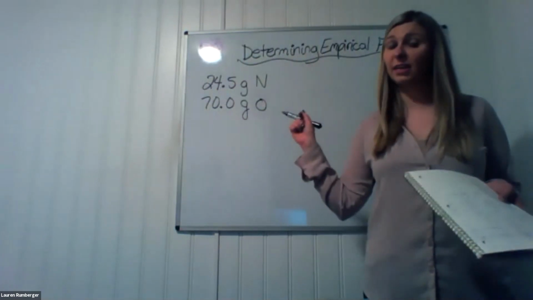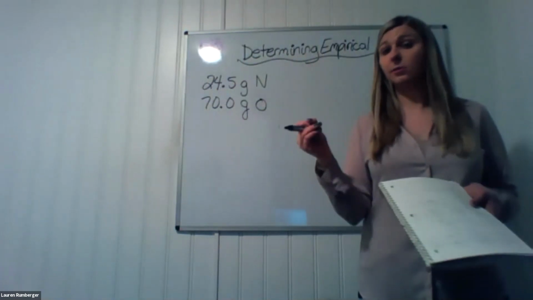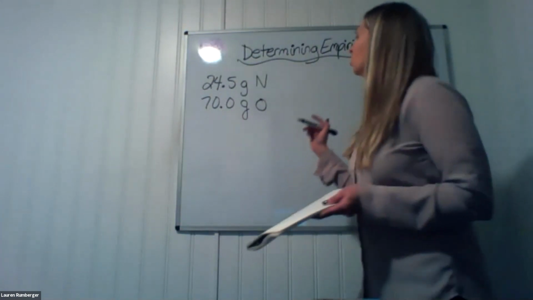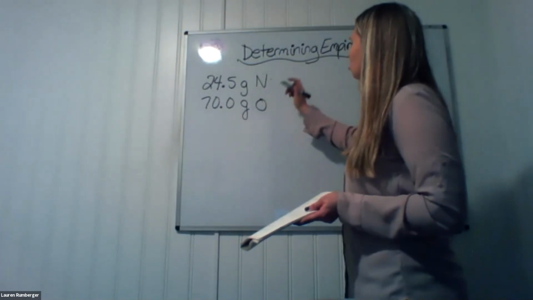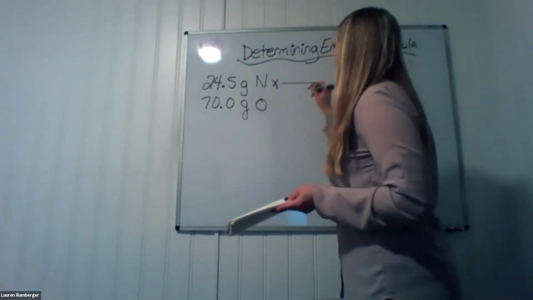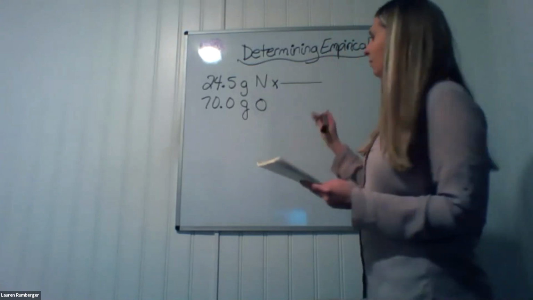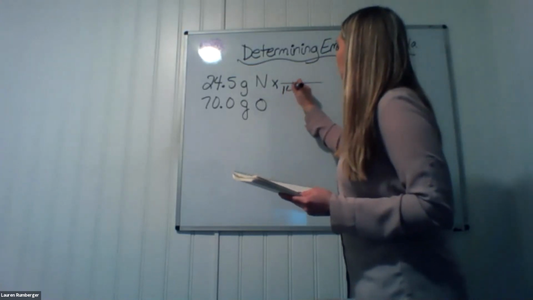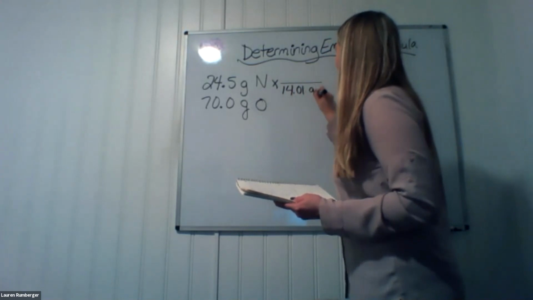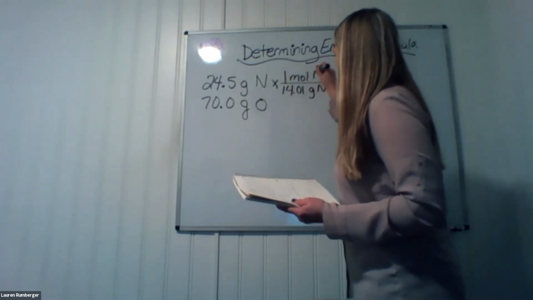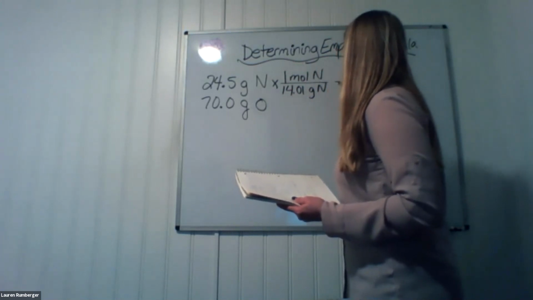Okay, so our first, now it's the third step, because now we can skip ahead. Since we're starting with grams, we can skip to the third step, which says convert the mass into moles. So we're going to change the mass of nitrogen into moles by using the molar mass of nitrogen, which is 14.01 grams of nitrogen per 1 mole of nitrogen.